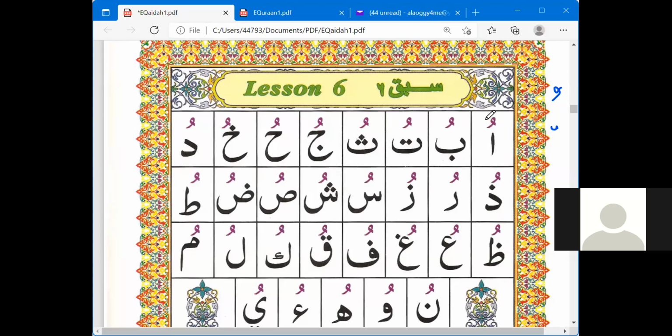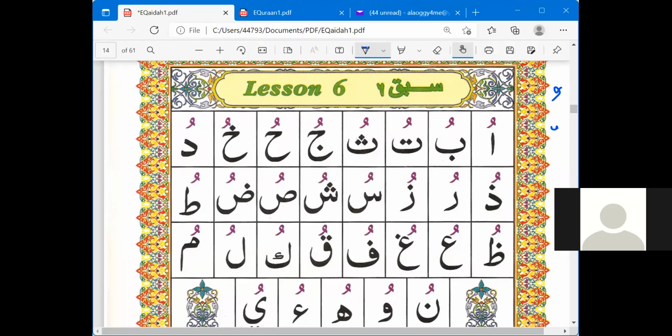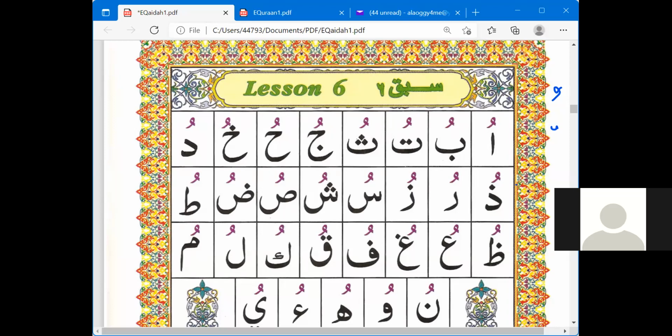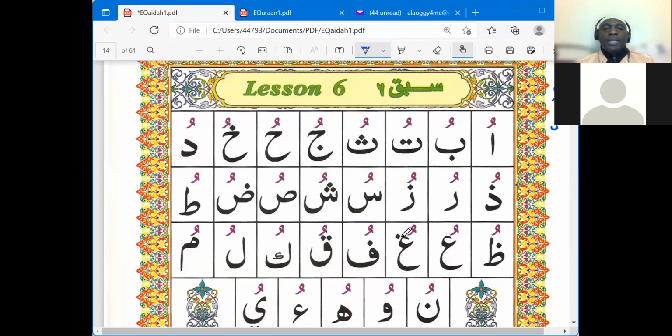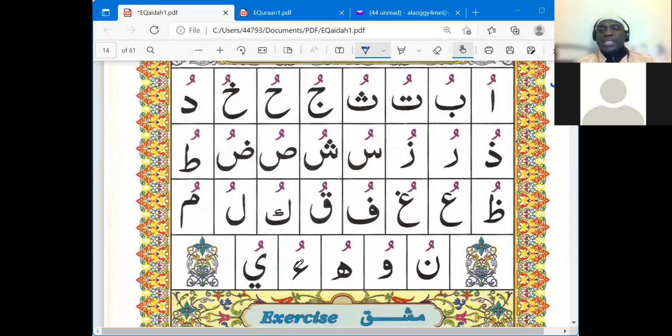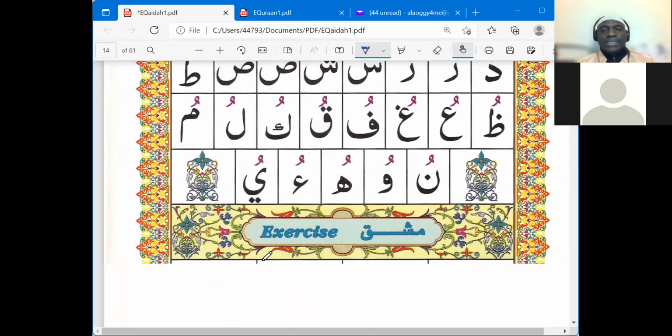Alif damma u, ba damma bu, ta damma tu, tha damma thu, jim damma ju, ha damma hu, kha damma khu, dal damma du, dhal damma dhu, ra damma ru, mim damma mu, ain damma u, ghain damma gu, and ya damma yu.